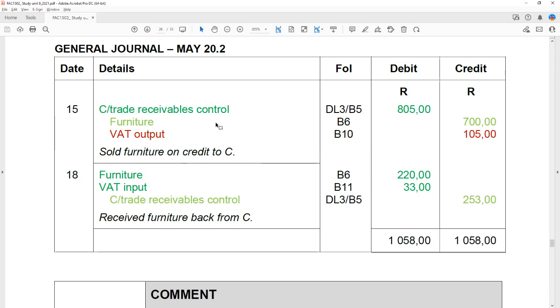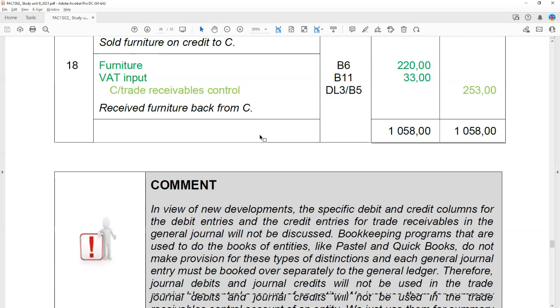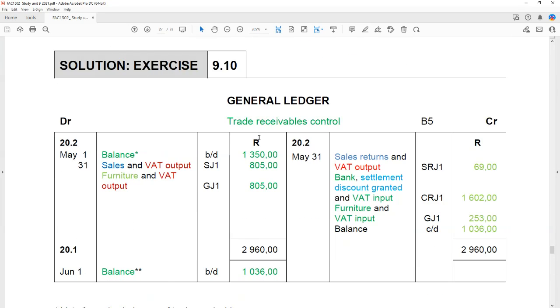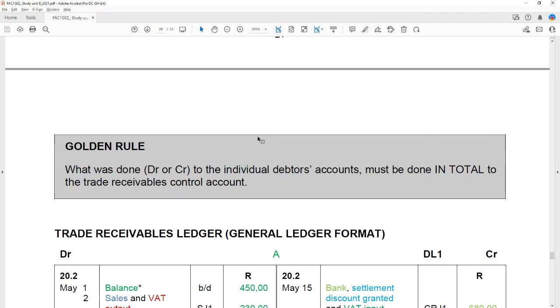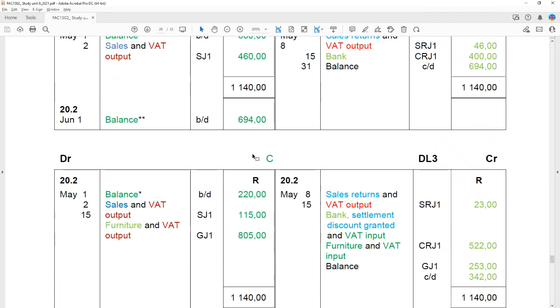That they also owe us, so that will also increase the account with 805. So debtor C will increase on the debit side with 805 on the 15th, and it comes from the general journal. So this tells us sales journal was 115, the general journal, it's 805.